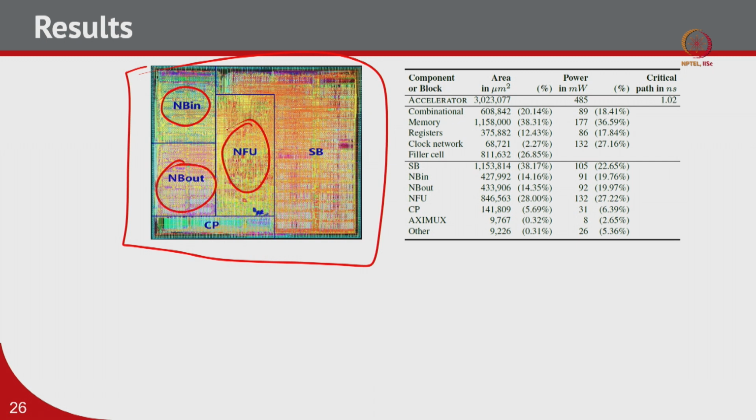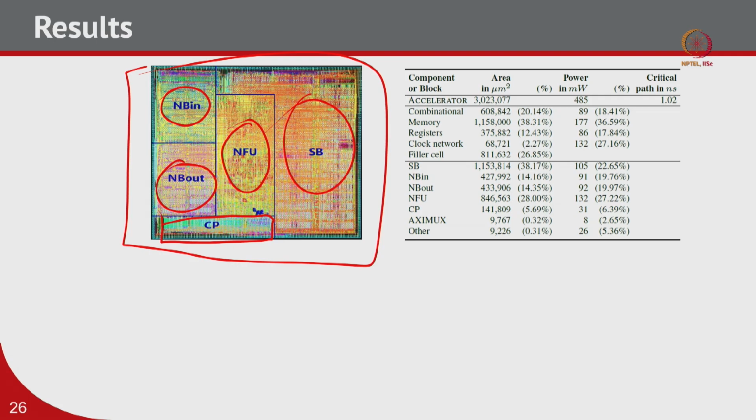This part is the neural functional unit, where they have 3 components: NFU1, NFU2, NFU3, multiplier, adder, and the nonlinear unit. This part is consumed by the synapse buffer, and this tiny part is consumed by the control buffer, or the instruction buffer, you can think of, right.